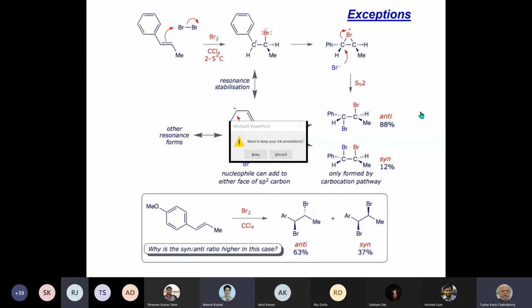Sir, for a meso compound, can it possess a center of symmetry or an axis of symmetry? It can have both. So you find out any particular compounds. For example, you write the meso tartaric acid. It can have a plane of symmetry. It can have a center of symmetry.